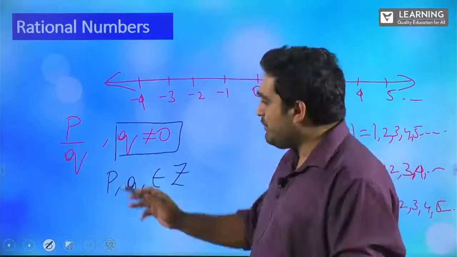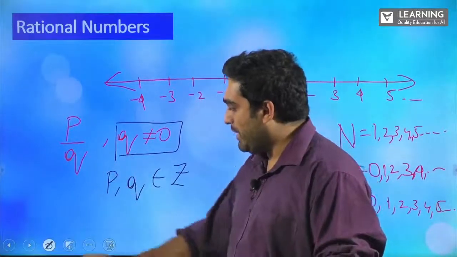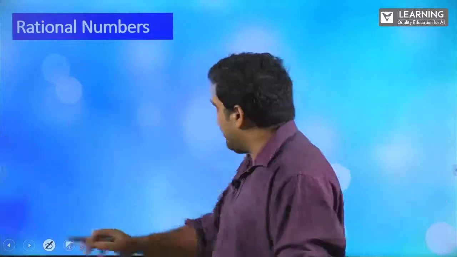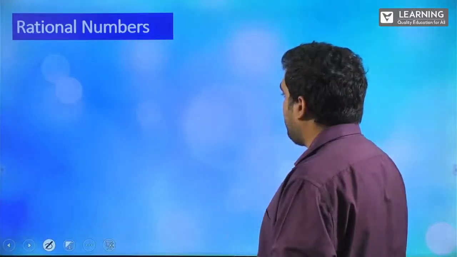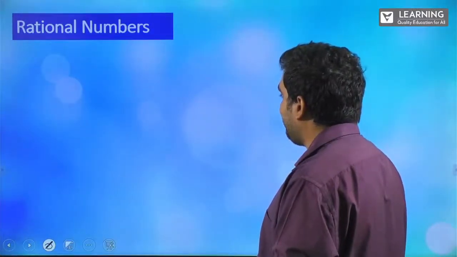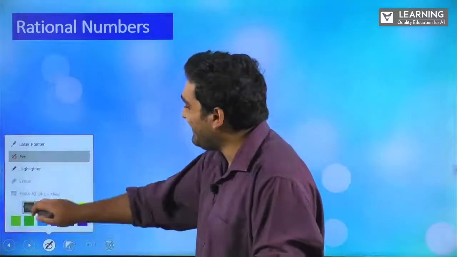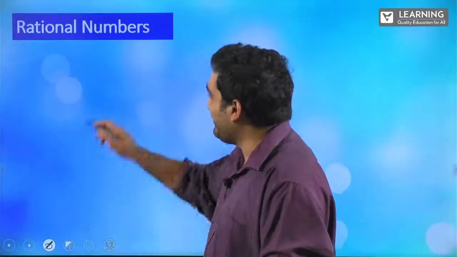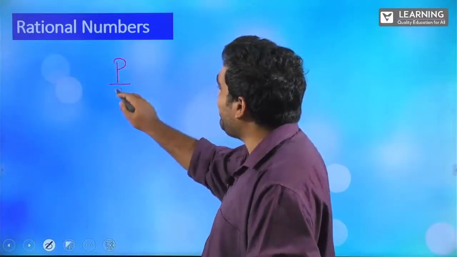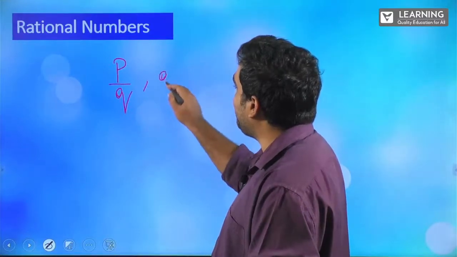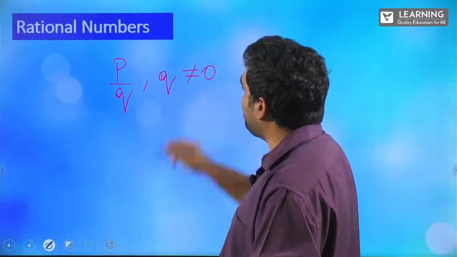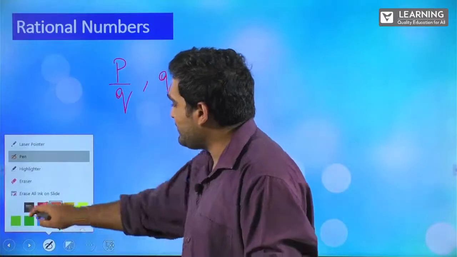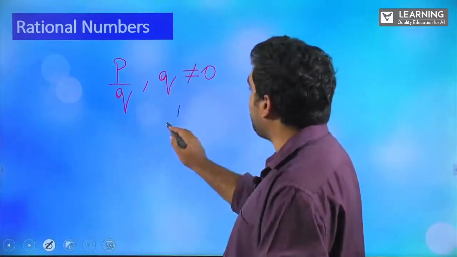So let's have a look at a few examples of the form P by Q. Oh no, I seem to have erased it all. Okay, one more time, P by Q, where Q is not equal to 0. Let's write a few examples of those numbers.